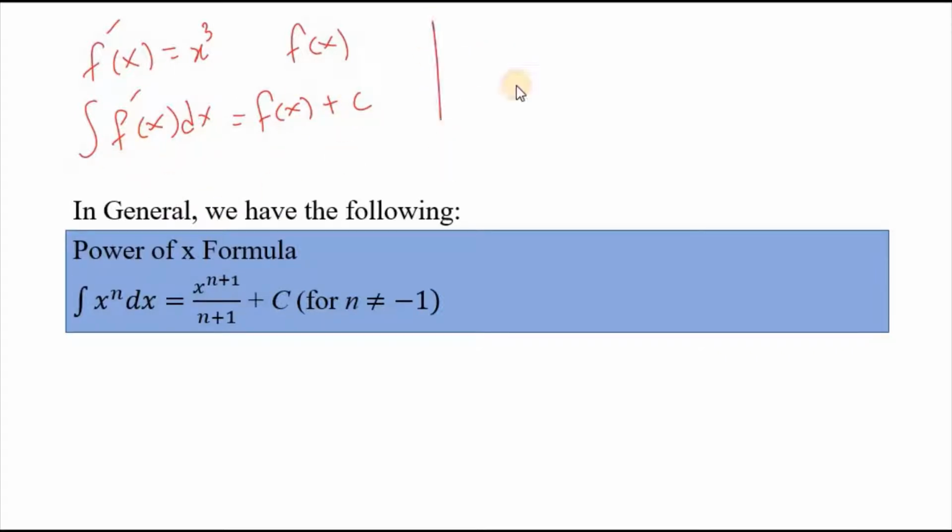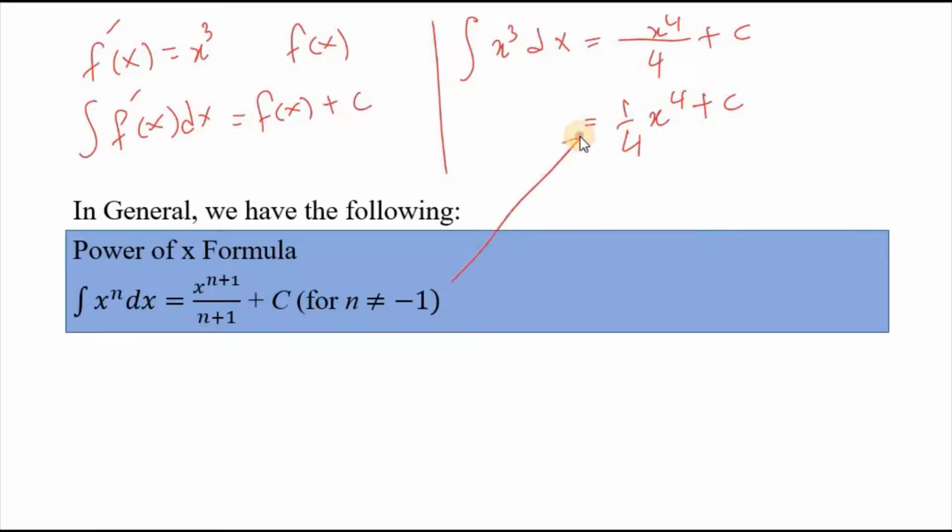To apply that formula, the integral of x to the third power dx is equal to, this formula tells me to add 1 to the power and divide by the new power. So I will have x to the fourth over 4 plus c, which is similar to saying 1/4 of x to the fourth plus c. You see how easy that is using this formula instead of relying on trial and error.